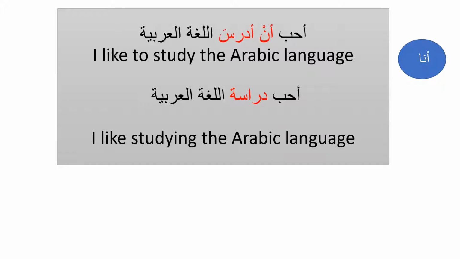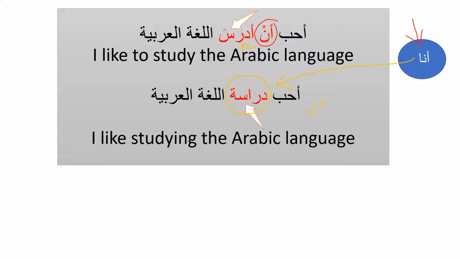Let's do the pronoun أنا. أحب أن أدرس. أن here is followed by the present tense أدرس. If I want to use al-masdar, I will say أحب دراسة. So with the pronoun أنا or with any pronoun, masadir will never change.